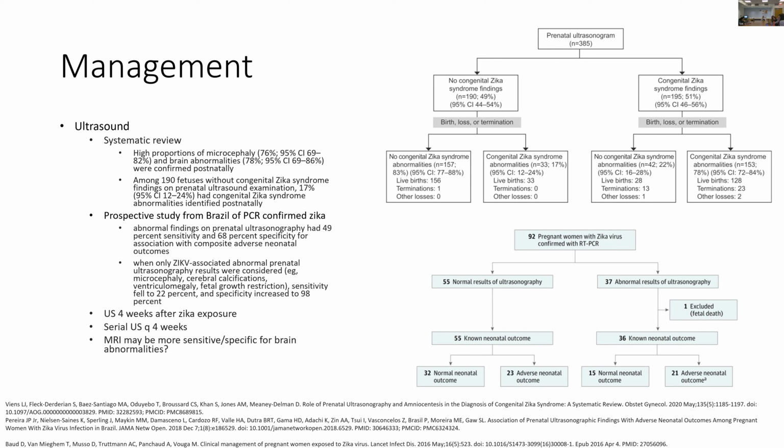Ideally, an ultrasound should be done within 4 weeks after the Zika exposure, and then serial ultrasounds every 4 weeks after that. There's also some thought that MRI may be more sensitive or specific for brain findings if you have uncertainties based off your ultrasound.